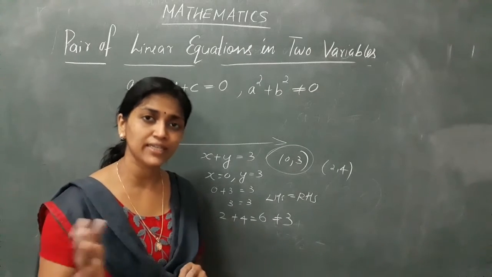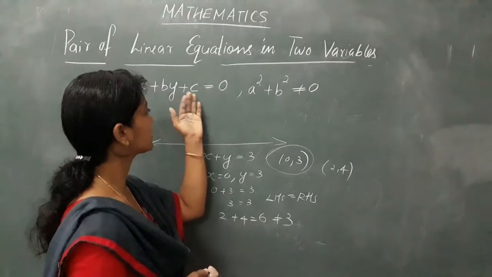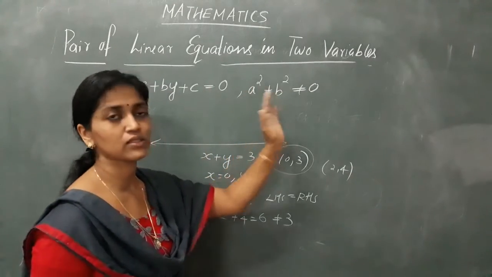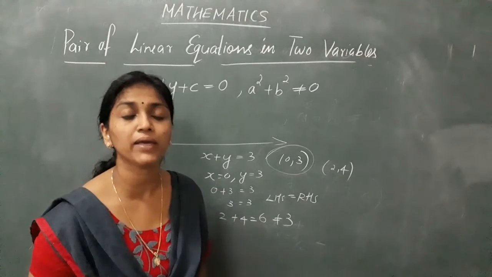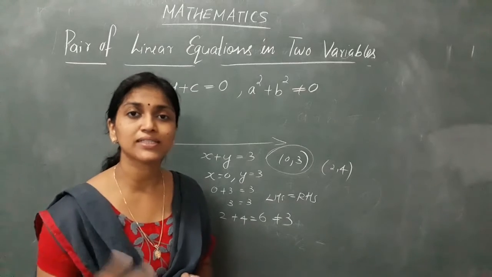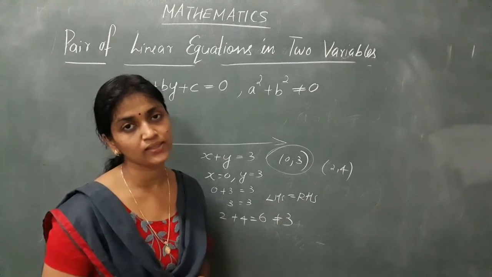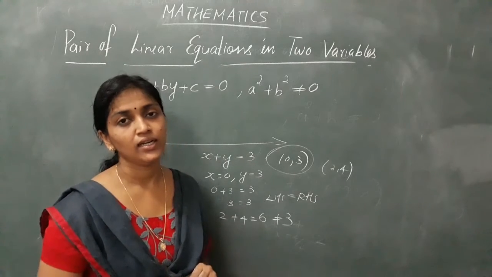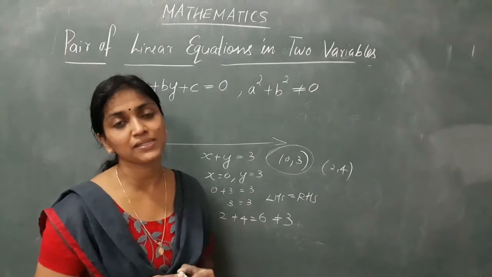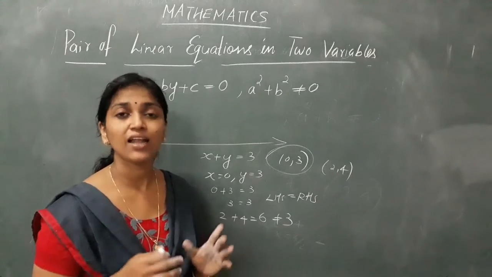So we have studied its general form, ax plus by plus c equal to 0, where a square plus b square is not equal to 0, that is, a and b are not both 0. We also studied how to find the solutions, and the geometrical representation of a linear equation in two variables: it is a line.